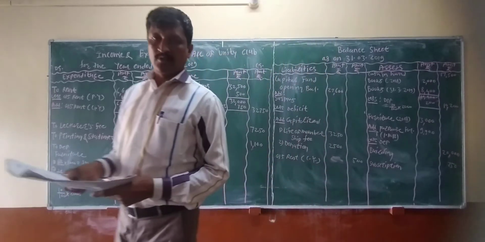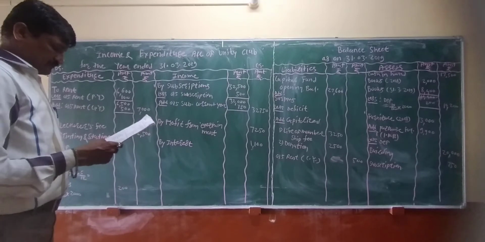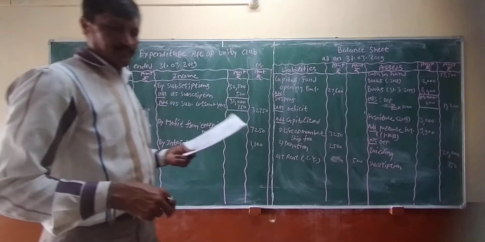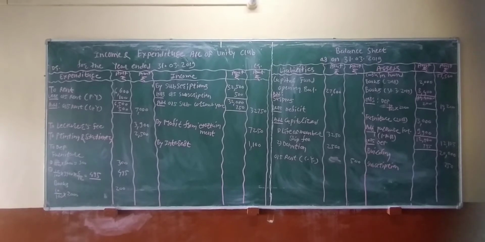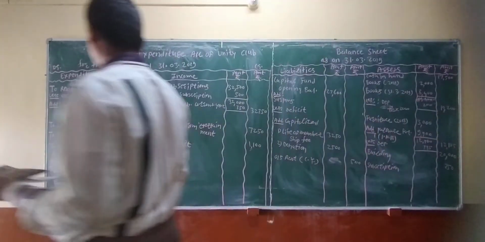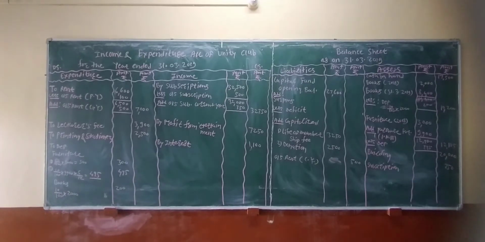So you can calculate depreciation. You can find out the depreciation on furniture: 3,000 at 10% is 300. The total amount is 9,900; furniture is coming in during the business year, so 6 months, so total 495. Next, books: total amount 2,000 at 10%, so 200.